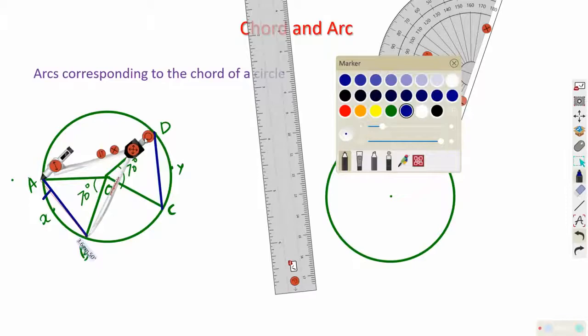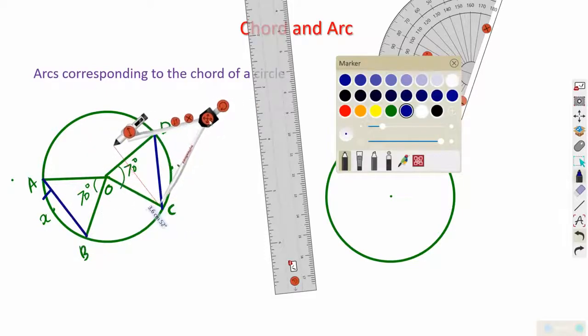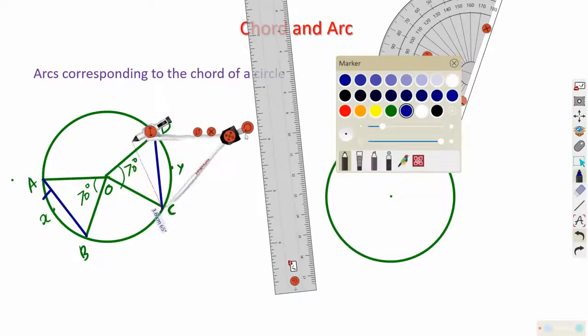Okay, one side is fixed. This chord and this chord which I have drawn here are of the same size.